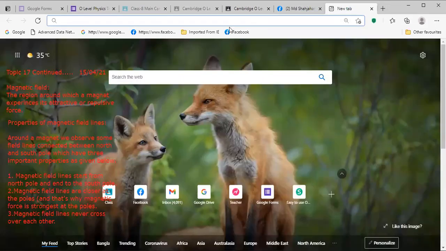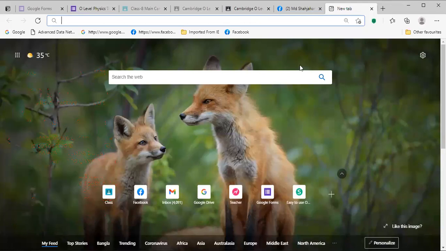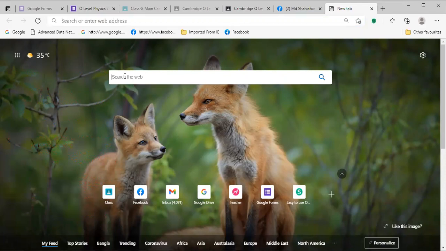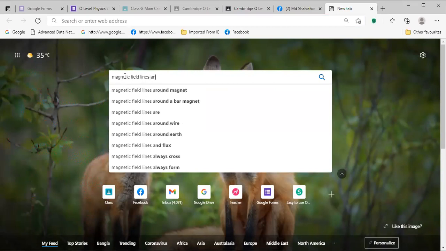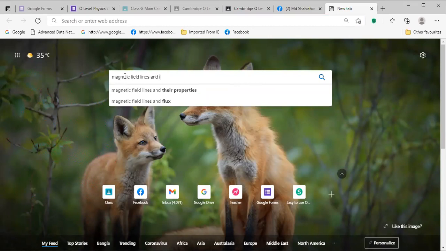We are showing you from real life experience first. You might have had this idea or experience before. Magnetic field lines and iron filings.